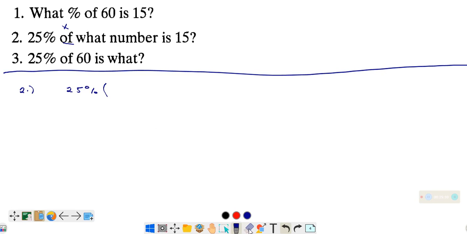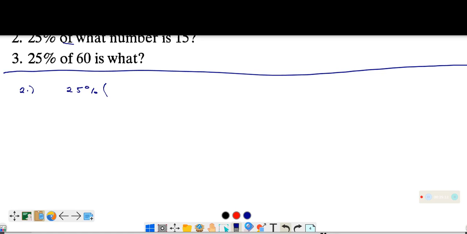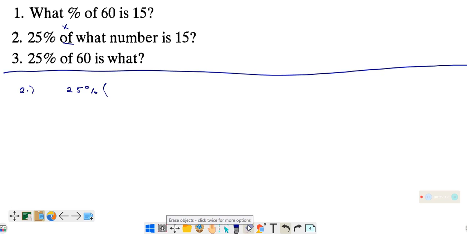So, we have 25% of. This is times. Or, open parenthesis. Teka lang. Baka malito kayo kasi x yung ginamit ko for multiplication.